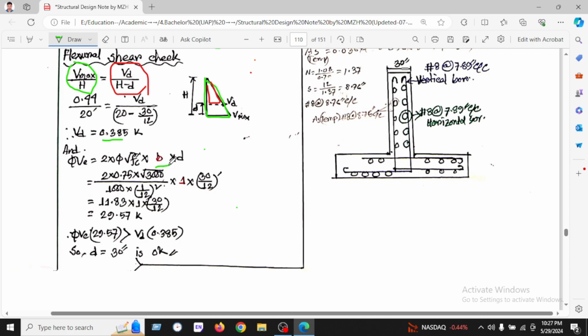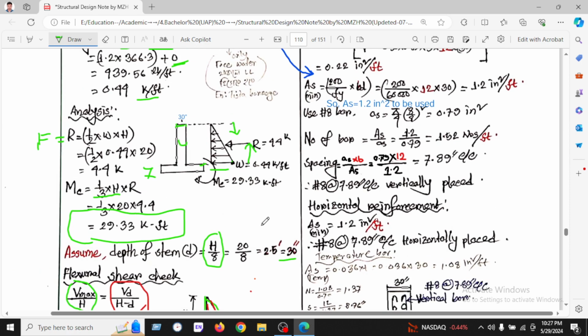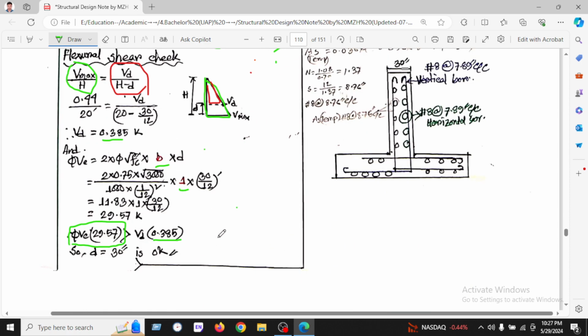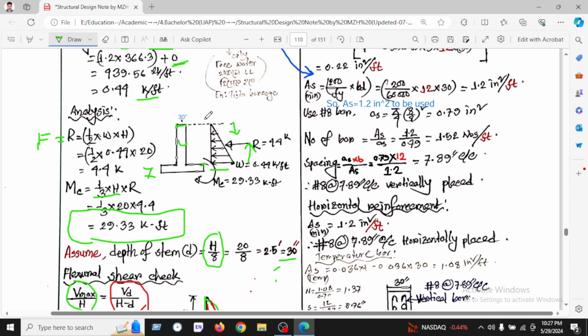Here the b value is 1 foot or 12 inches, and we found 29.57. We have seen the resisting shear 29 is greater than the induced shear, which is 0.355. So we can see the depth is okay. We assumed 30 at first, that's why we can say the depth is okay.